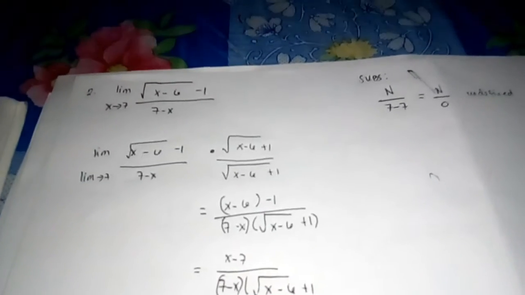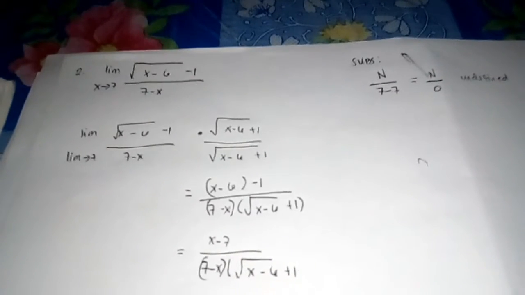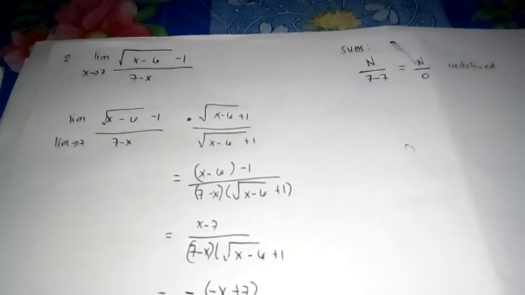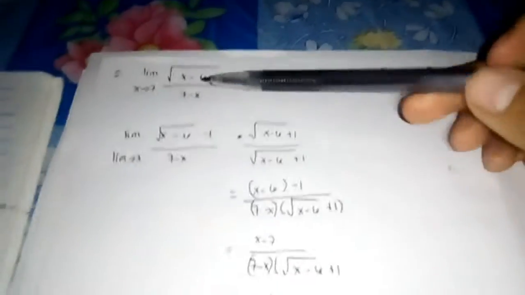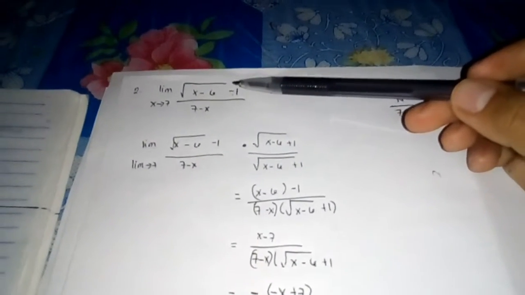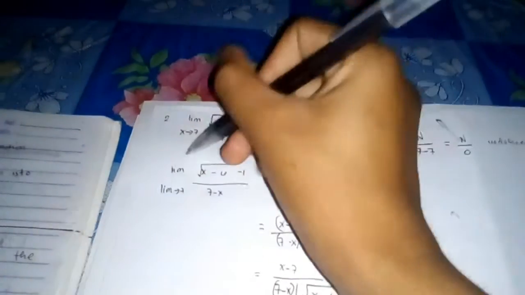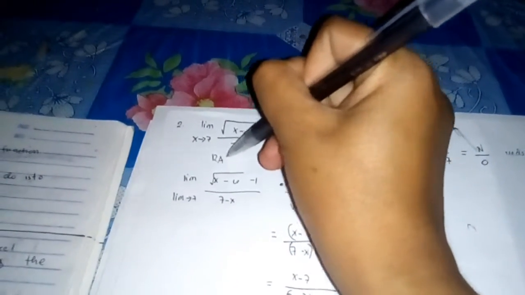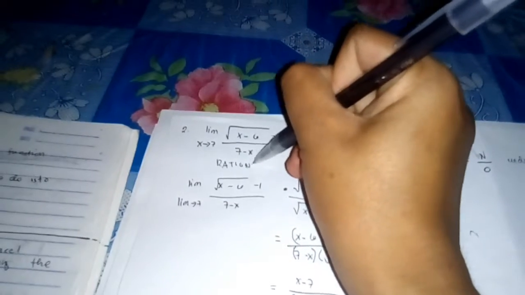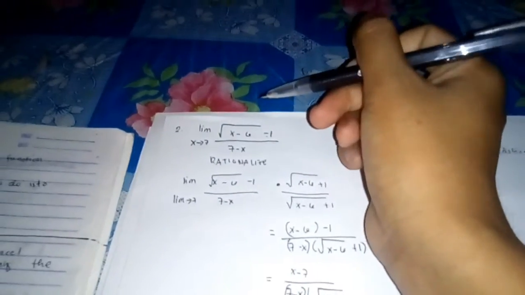So this will need another way to show that this limit exists. If ever you see a square root or radicals in your rational function, most likely you need to rationalize it first.